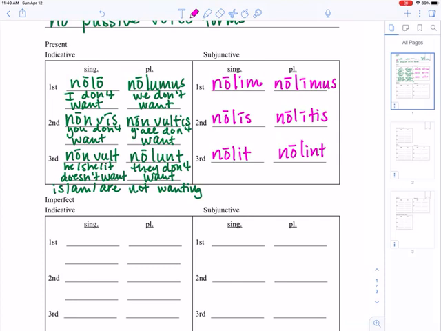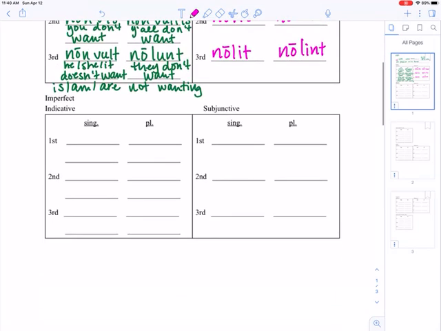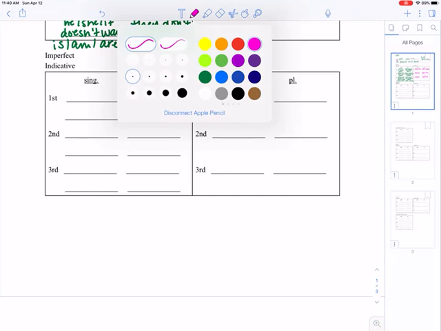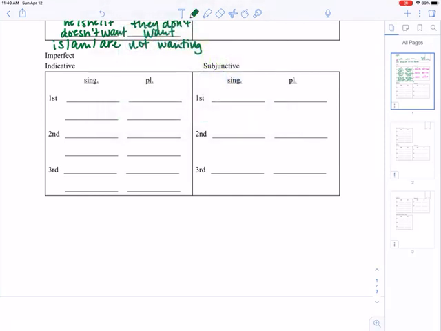And so for the imperfect, we're going to do like we did with volo. We're going to treat nolo like it is a third conjugation verb where we have our stem, nol. We're going to add an E with a macron, that E that was in the parentheses before our imperfect endings.